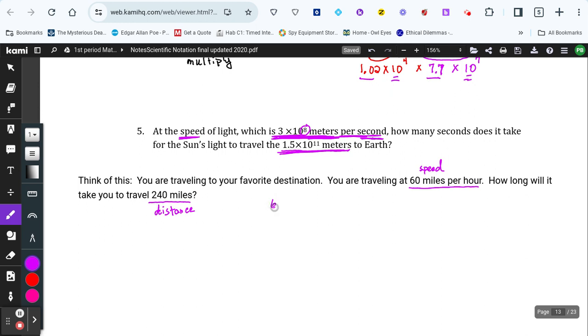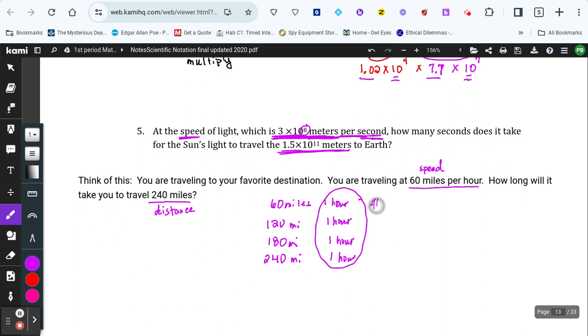Well, after 1 hour, it'll be 60 miles. After another hour, it'll be another 60, which will put you at 120 miles. A third hour, you'll have gone another 60 miles, which will put you at 180. And after another hour, you will have gone another 60, which will put you at 240 miles. That will take a total of 4 hours.